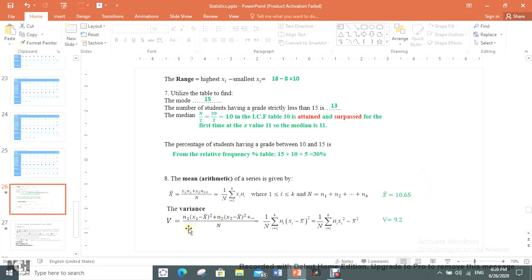The variance is defined by this formula, which is not required to memorize, but we can directly use the calculator to find the value of the variance, which we will see how.